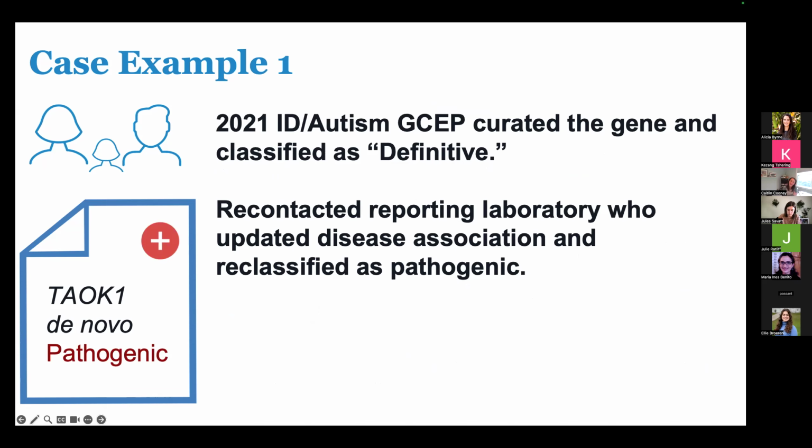Now we went back to the laboratory and said, hey, our GCEP recently found a definitive gene-disease relationship. Have you relooked at this gene? What do you think at this point? They agreed that TAOK1 has a definitive gene-disease relationship with disease, and that specific variant in that individual was considered pathogenic, which was an update that we were able to return to our participant.